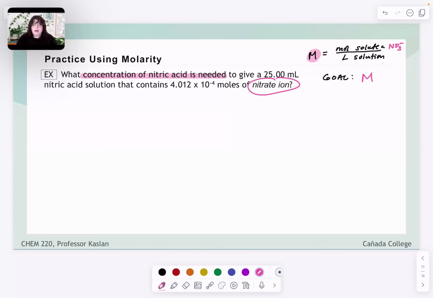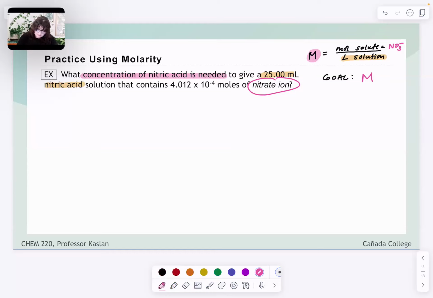So how is that going to change things? Let's work through this bit by bit. So I want my molarity, and if I want molarity, that means that I need to find my volume of solution.